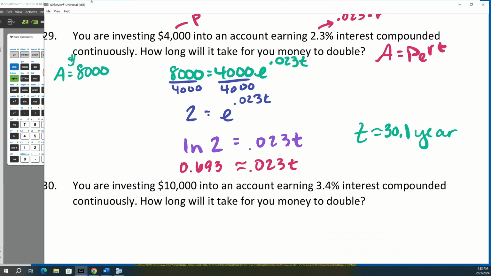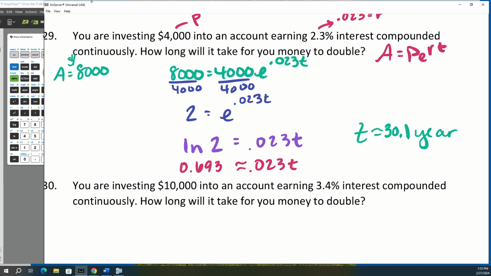Do you think it would take longer for like $4 million to double in this situation? What do y'all think? Or shorter? Or the same? I think shorter because it starts off with a higher amount of money, so it's earning. But if you divide 8 million by 4 million, what do you get? 2.